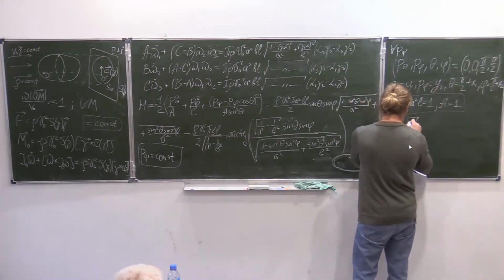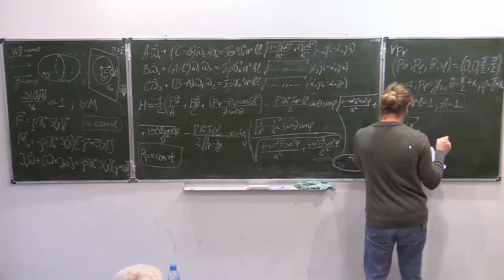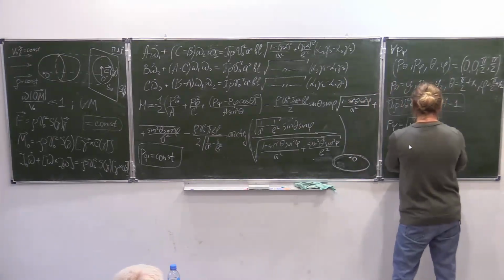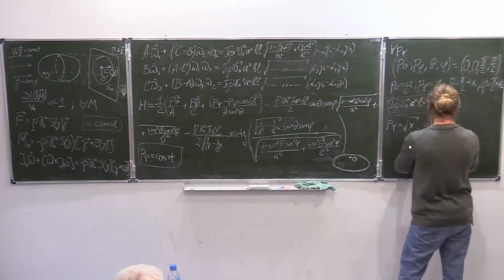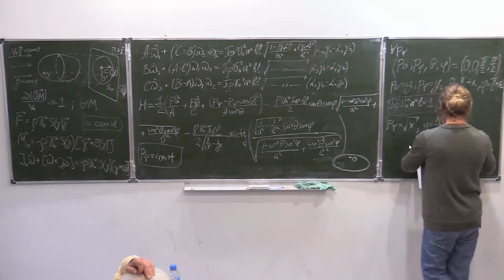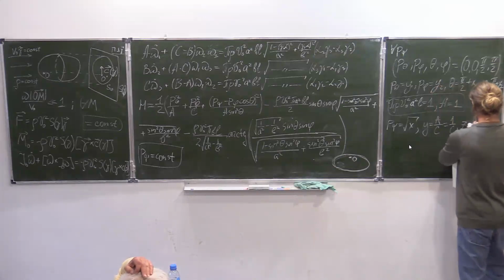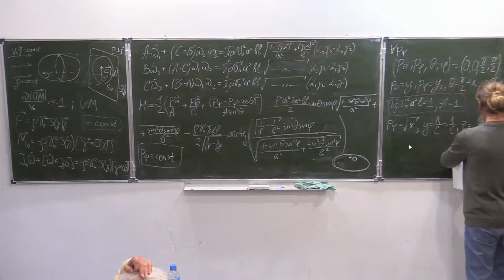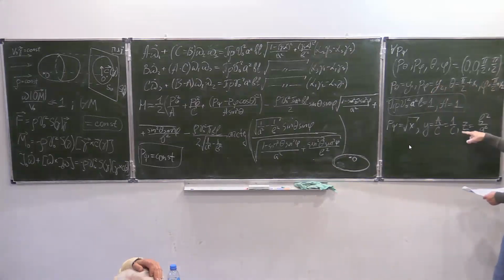Psi is equal to the square root of x, and y is equal to a divided by c. These are the squares of the semi-axes of the ellipsoid.